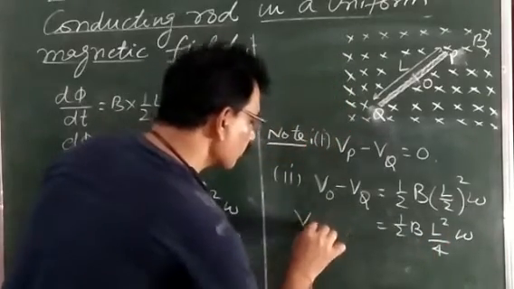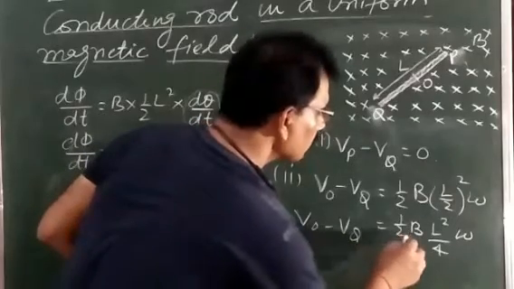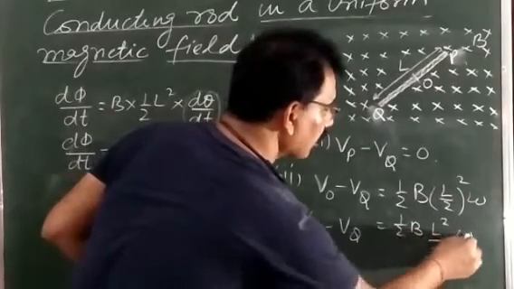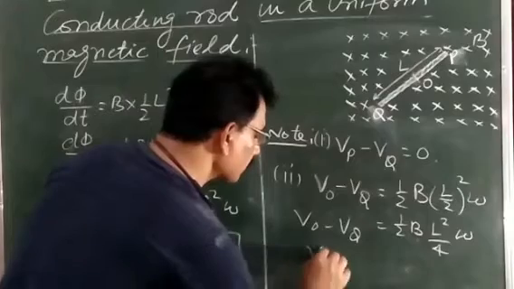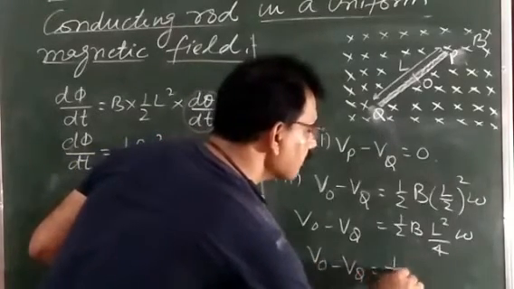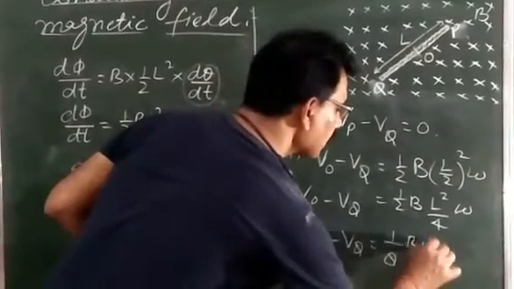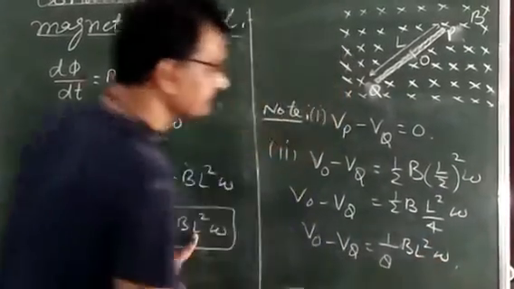It means VO minus VQ is equal to B L square omega by 8. Or finally you can say VO minus VQ is equal to 1 by 8 B L square omega.